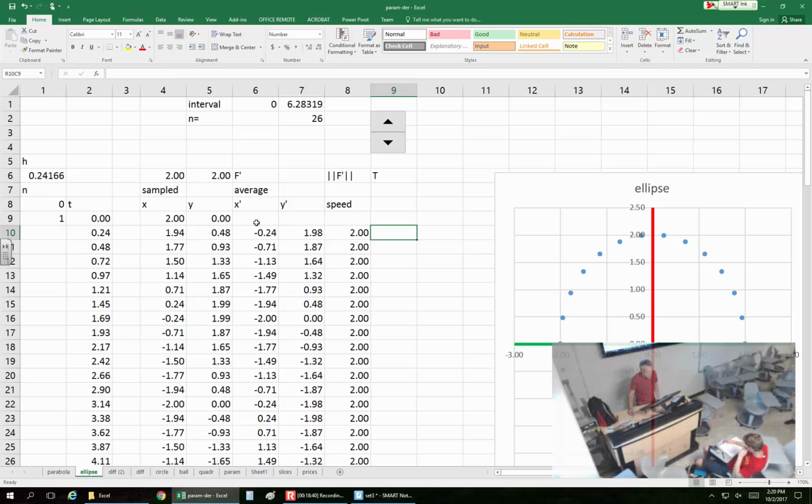So if this is my x component of f prime, what do I do with it to get the x component of the unit tangent vector?